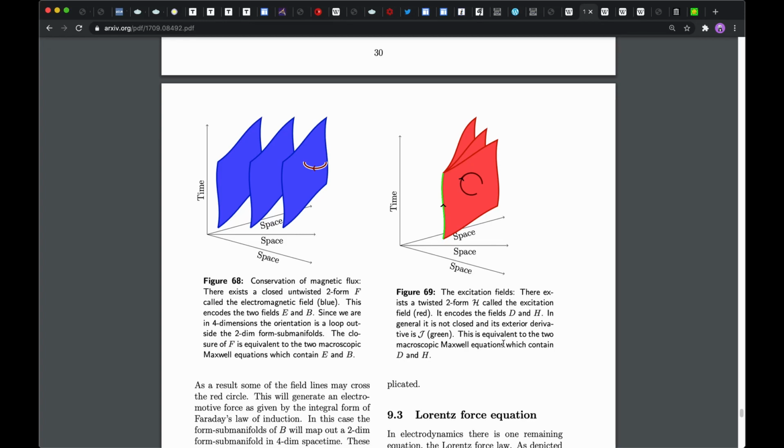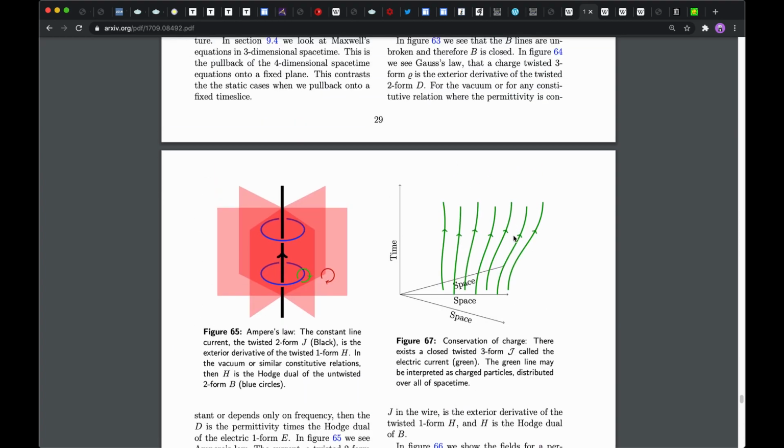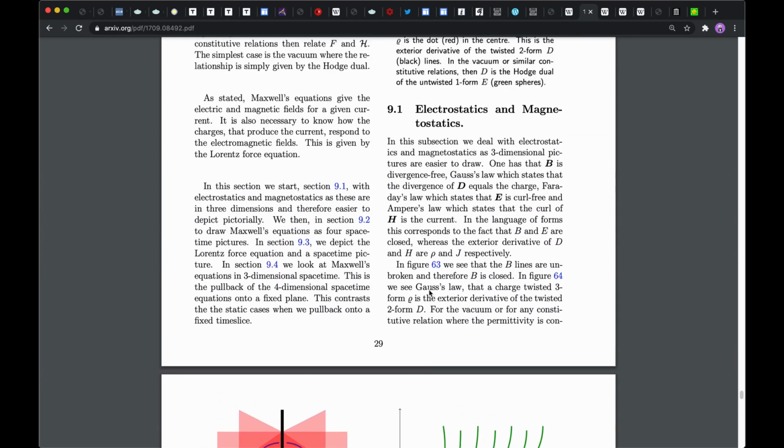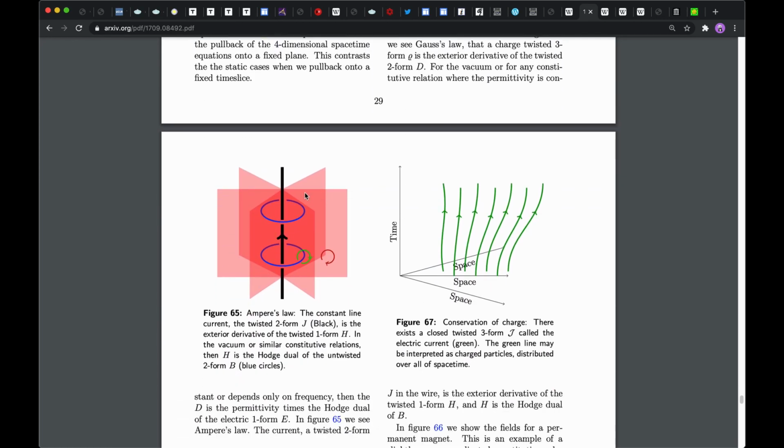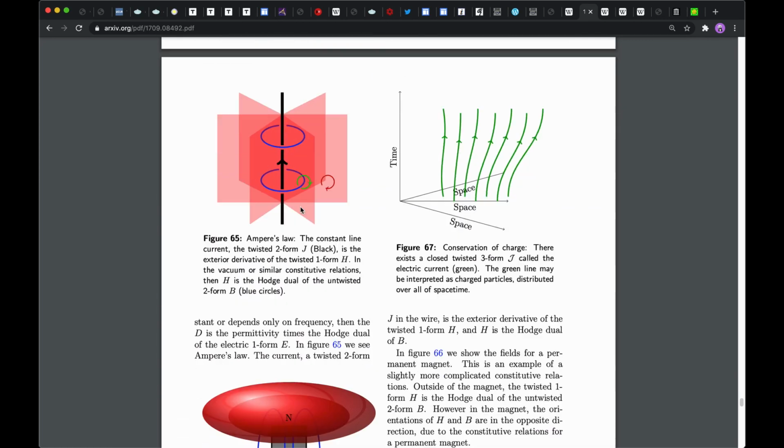The other Maxwell equation left is the exterior derivative of the Hodge dual of our two-form F: d star F should be equal to the currents. By taking a look at pictures like 65 or 64 here, you can notice the same pattern, where we have surfaces intersecting at a point, or surfaces intersecting by a wire.